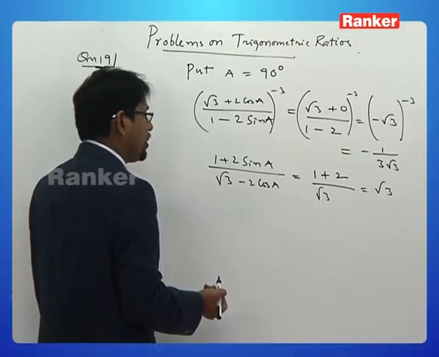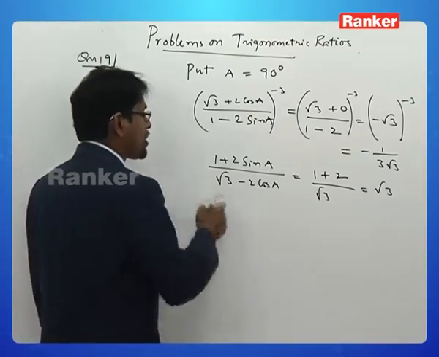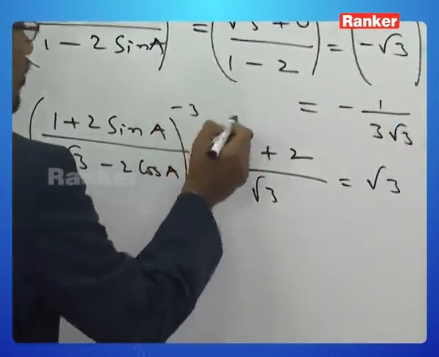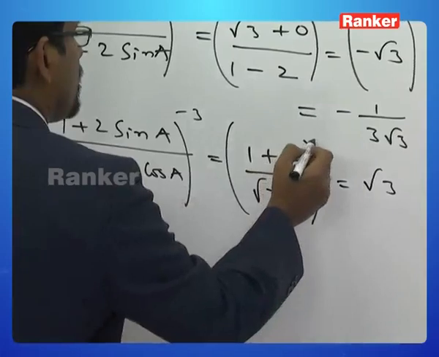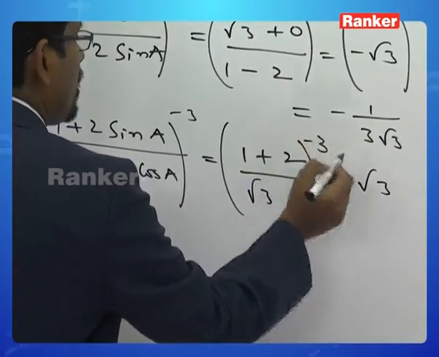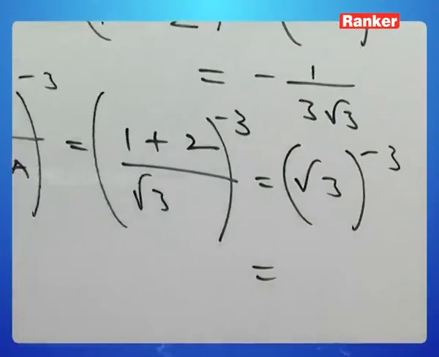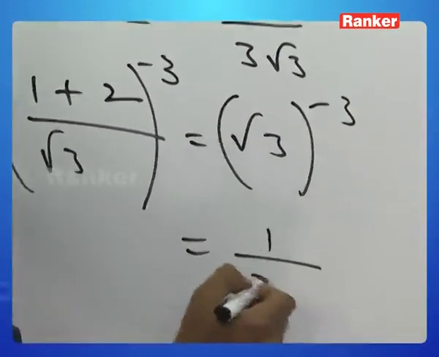So what you observe here is this is root 3, then that raised to the power minus 3 will make it root 3 raised to the power minus 3. That's again plus 1 by 3 root 3.